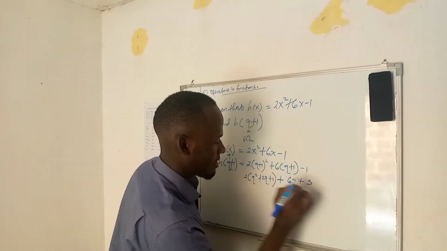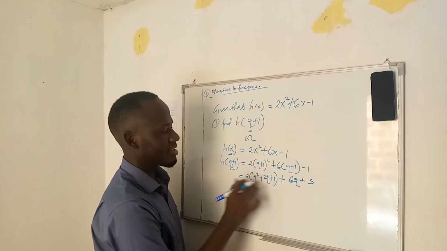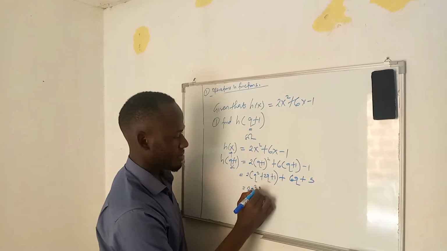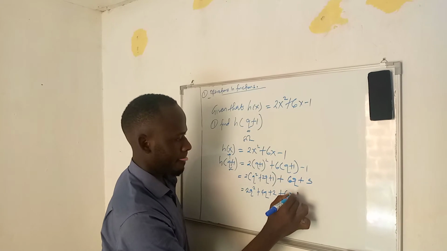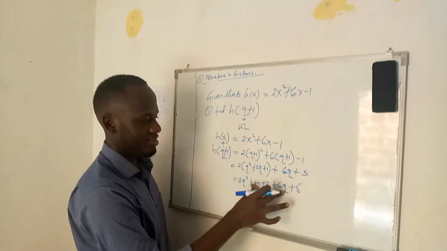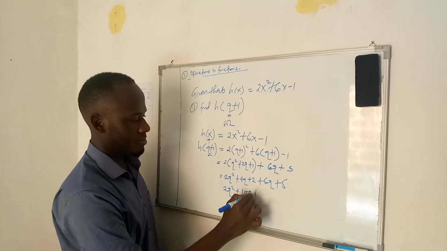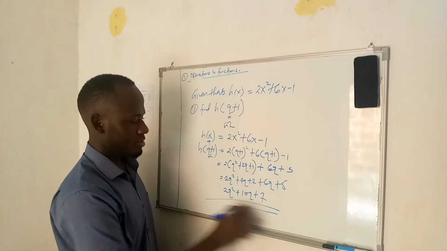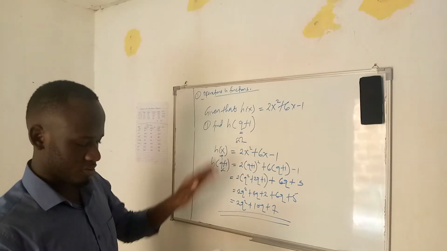So this is 2q squared plus 4q plus 2 plus 6q plus 5. So we shall have to collect like terms: 4q plus 6q is 10q, so it is 2q squared plus 10q plus 7. This is our final equation. That is our problem 1.